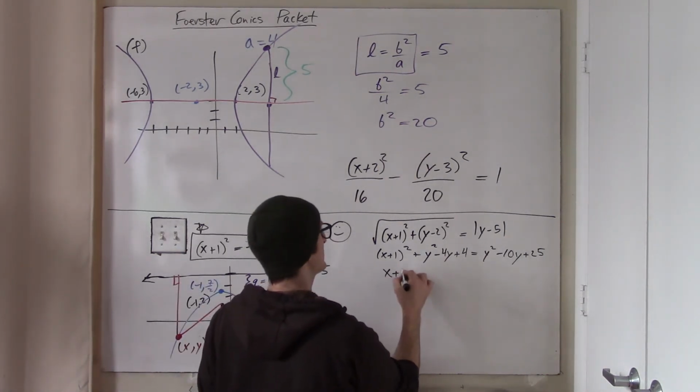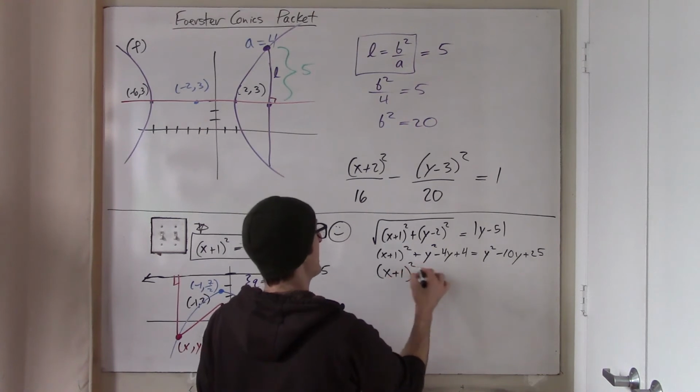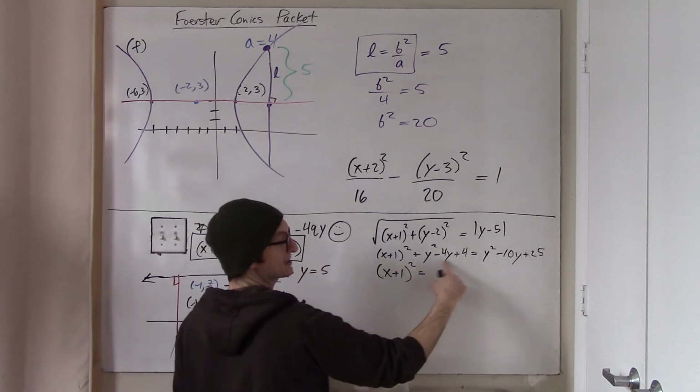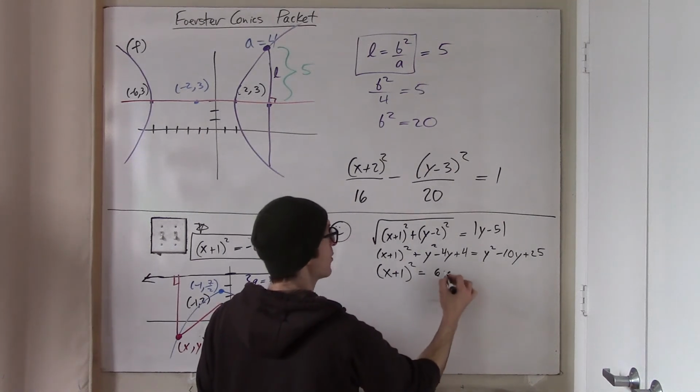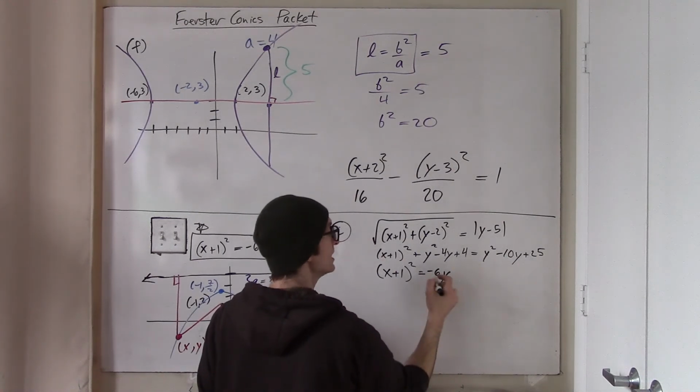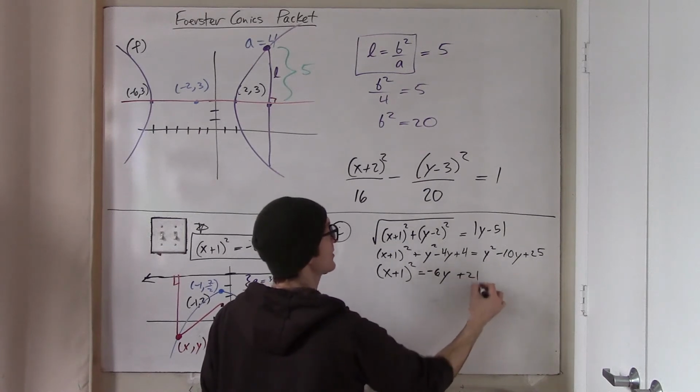Because this becomes x plus 1 squared equals, the y squareds cancel, and adding 4y to both sides gives me negative 6y plus 21.